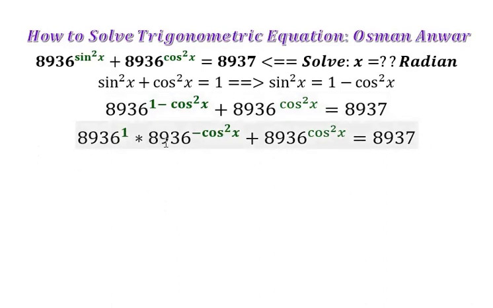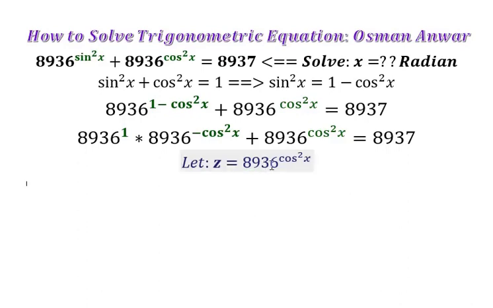So we can split this into 8936 to the power of 1 times 8936 to the power of minus cosine squared x plus 8936 to the power of cosine squared x equals 8937.